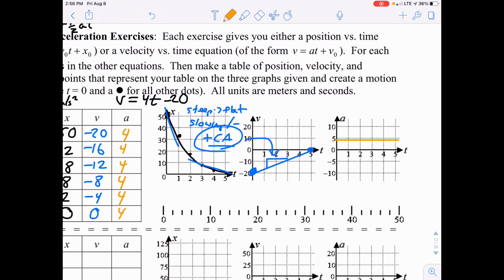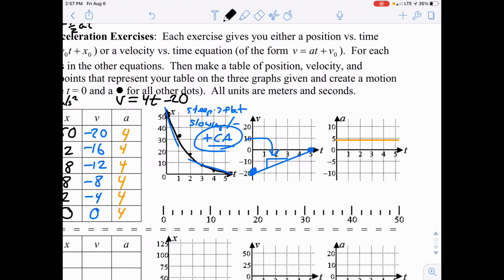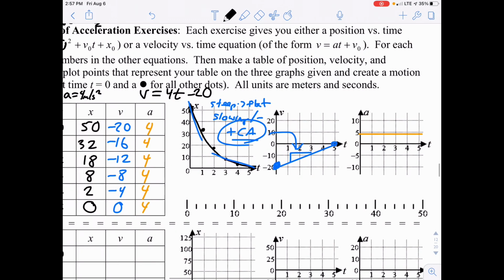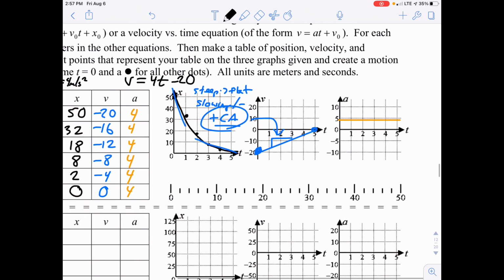Okay, now how do I begin to plot the motion map of this thing? Well, I'm slowing down. So anytime I'm slowing down, my acceleration vector needs to go opposite my velocity. Now, my velocities are negative. They're going to the left, I guess you would say, and they're starting at time equals 0, they're starting at 50. So I'm going to make a dot at all my locations.